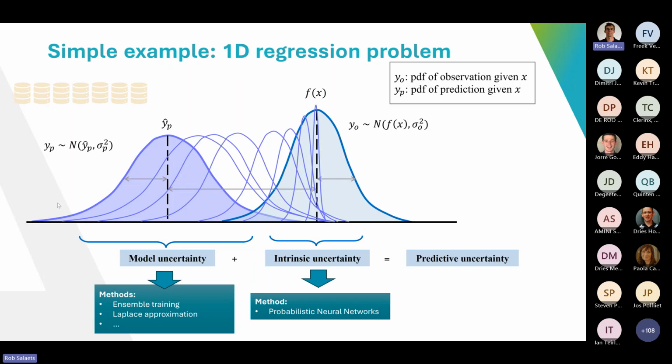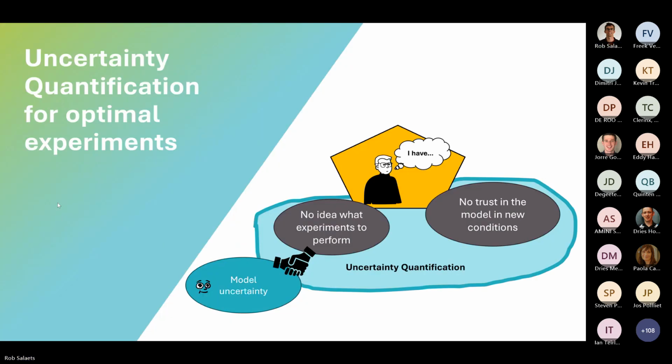For intrinsic uncertainty, we can do this with probabilistic neural networks. But the key thing is you can get out the widths of these two distributions and use them very usefully, and that's what I will prove next. So we can use the model uncertainty for guiding our experiments.